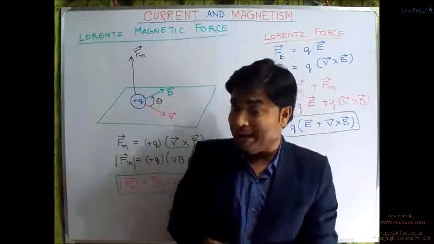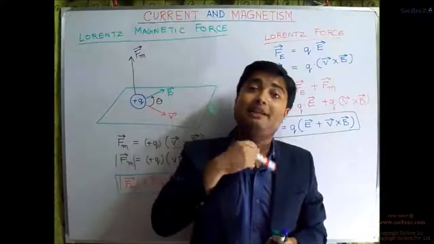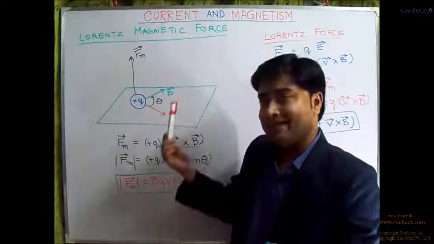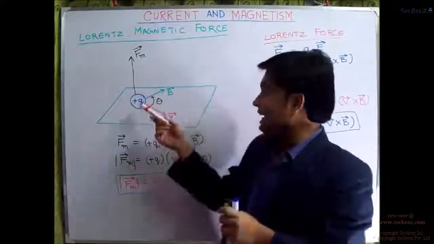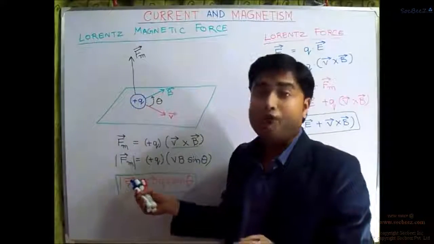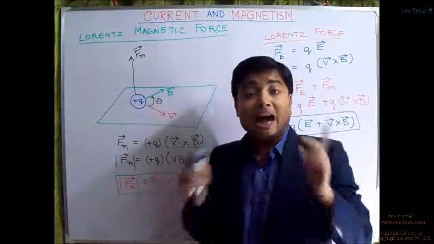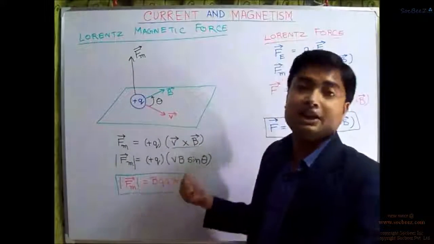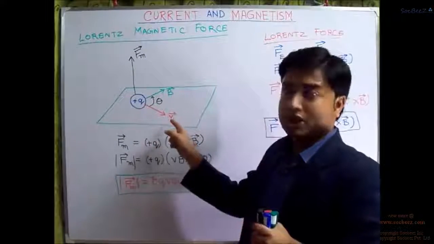So if a conductor carrying current, which means electrons are flowing through it, is kept in a magnetic field B, then the Lorentz magnetic force will get applied on that conductor, and it will experience a force of magnitude BQV sin theta, where theta is the angle between the drift velocity and the magnetic field.